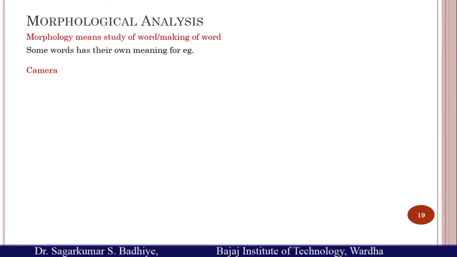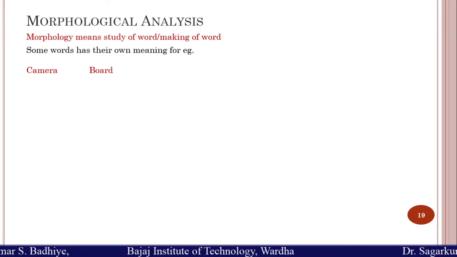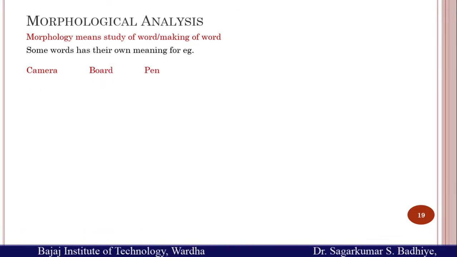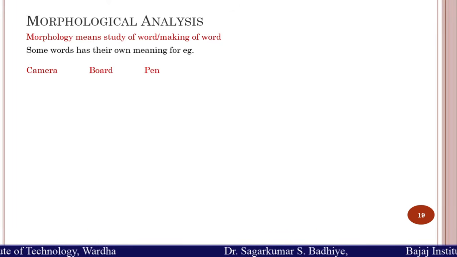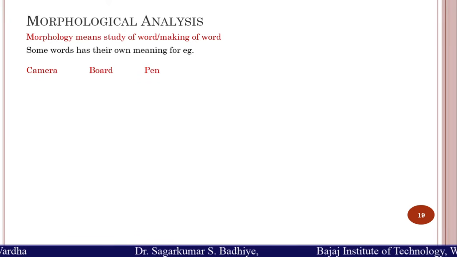Like camera, when I say camera, immediately a picture of a camera appears in your mind. Like board, and another example is pen also. Whenever I say pen, immediately an image of a pen appears in your mind, right? So these words have their own meaning and can be imagined.